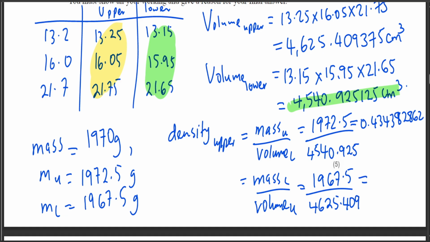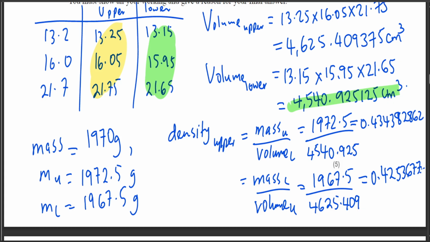Let's see how much it is going to give us. 1967.5 divided by 4625.409, we get 0.42536, and it's continuing. Okay, you can get 7789. So it's still continuing.